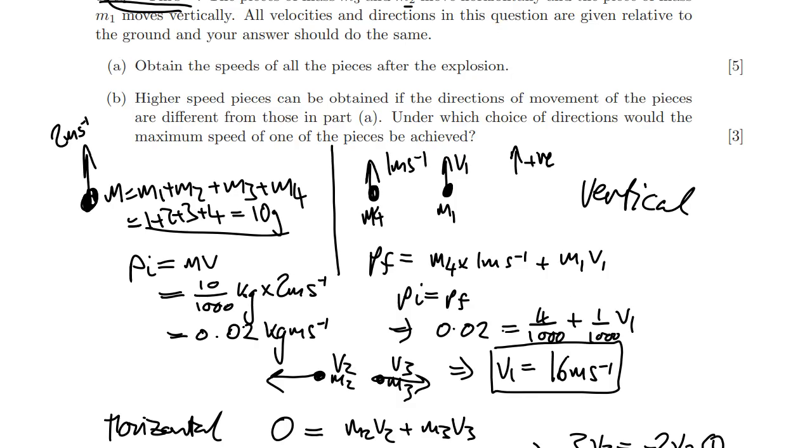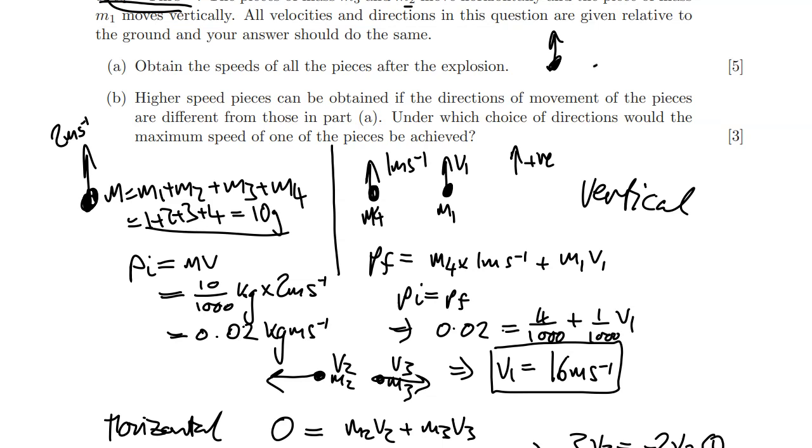Next, part B. Higher speed pieces can be obtained if the directions of the movement of the pieces are different from those in part A. Under which choice of directions would the maximum speed of one of the pieces be achieved? So initially we have an upward momentum, which must be conserved.